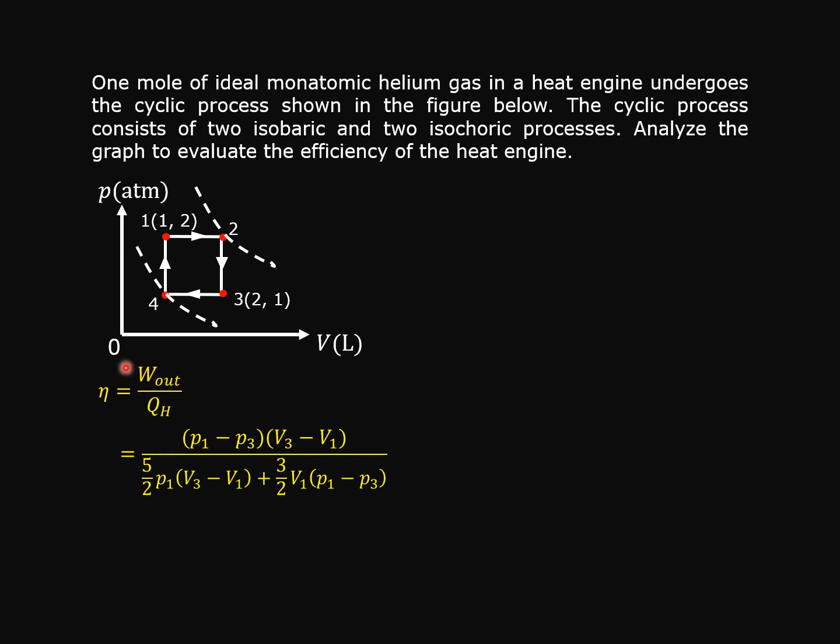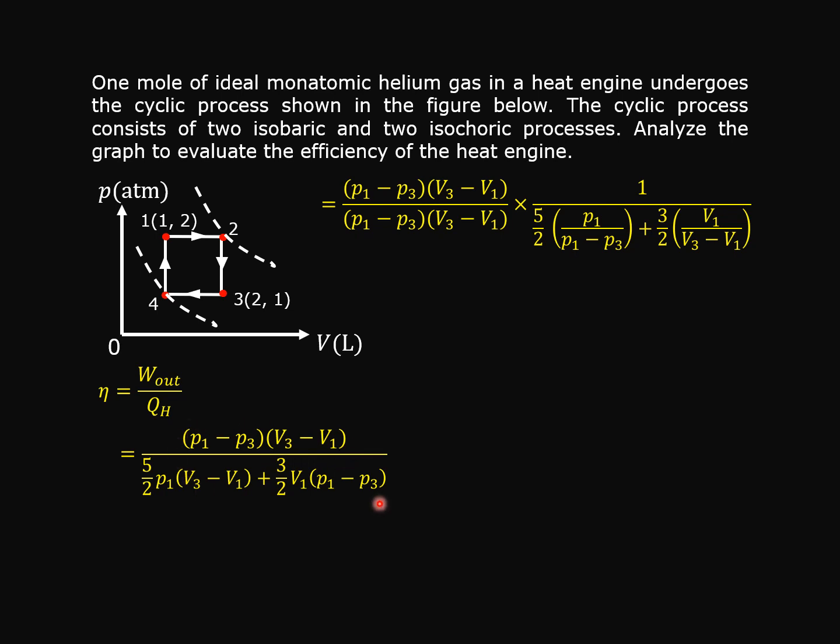Now we can start to evaluate the efficiency of the heat engine based on these definitions, where the output work is this one, which we already calculated, and QH is this expression based on the result we obtained just now.